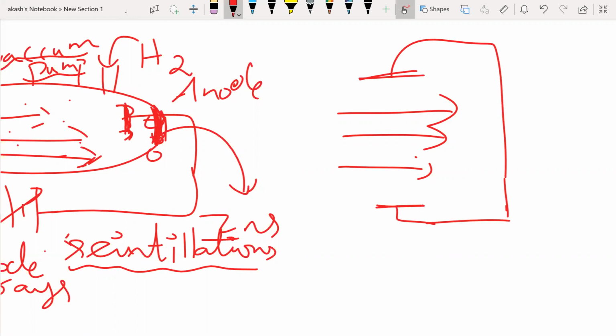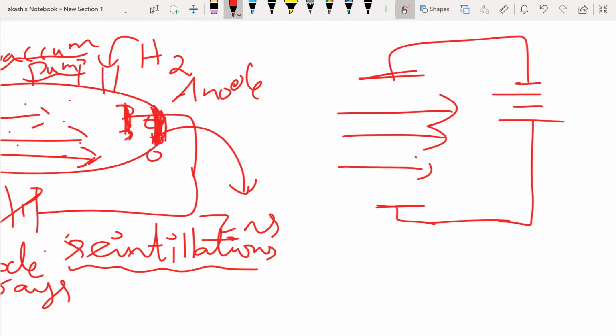Obviously I need a power supply, so I put the power supply here: negative, positive, negative, positive. So this is the positively charged plate and this is the negatively charged plate.